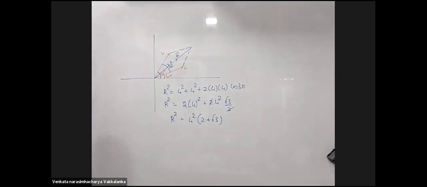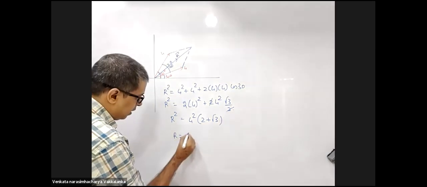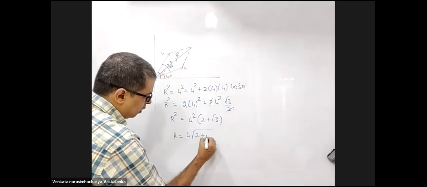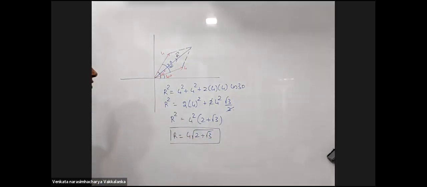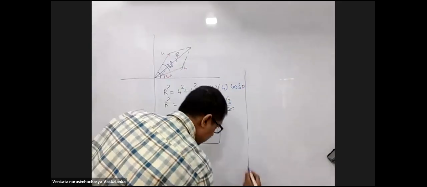Am I right? R is equal to 4 root over of 2 plus root 3. This is my resultant. Agreed? Yes, sir.